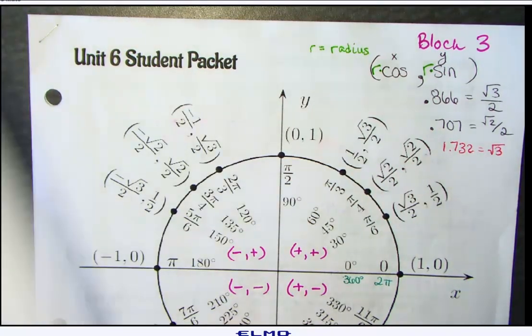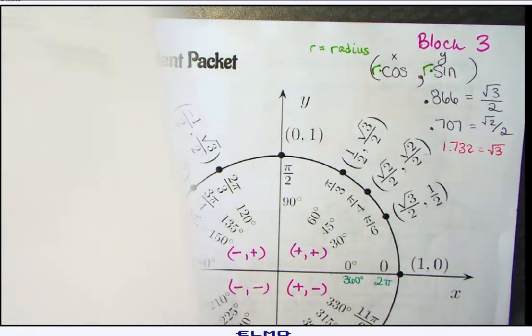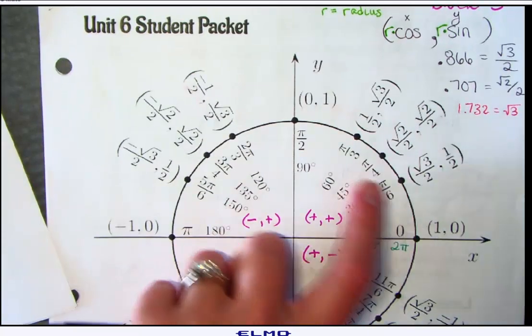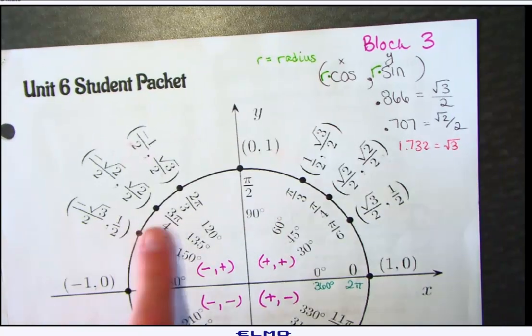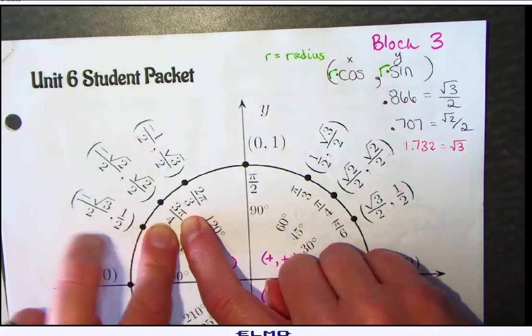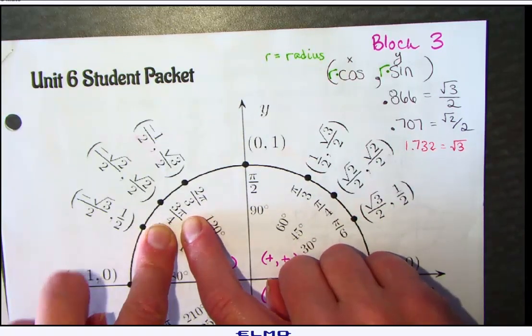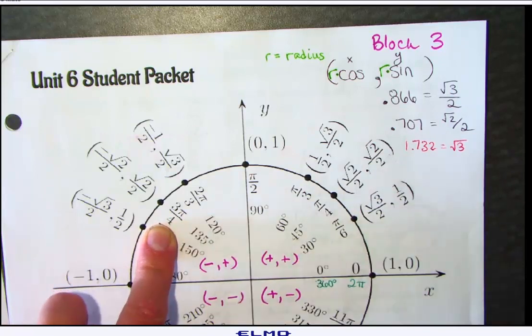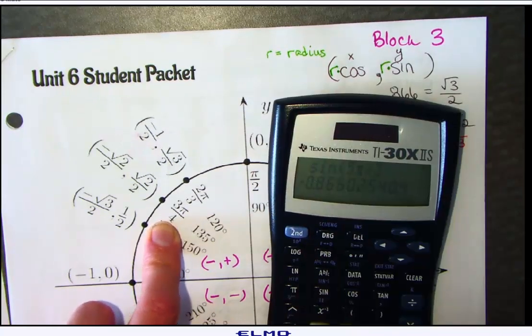Now on our quiz tomorrow, some of the questions are just going to be that kind of idea, like, hey, what is the sine value of 3 pi over 4? What is the exact version of the sine value of 3 pi over 4? You could go to your calculator and type that in.